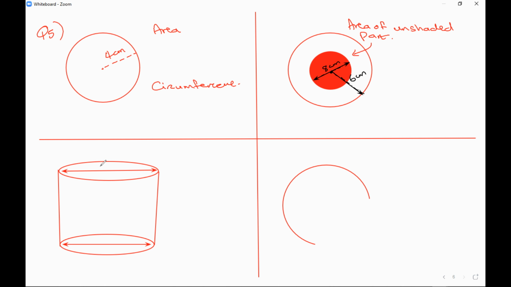This is 20 meters, and this is 20 meters, and the total height of this is given as 20 meters. I want to calculate for this one here, get me the volume. And I also want to calculate the surface area.